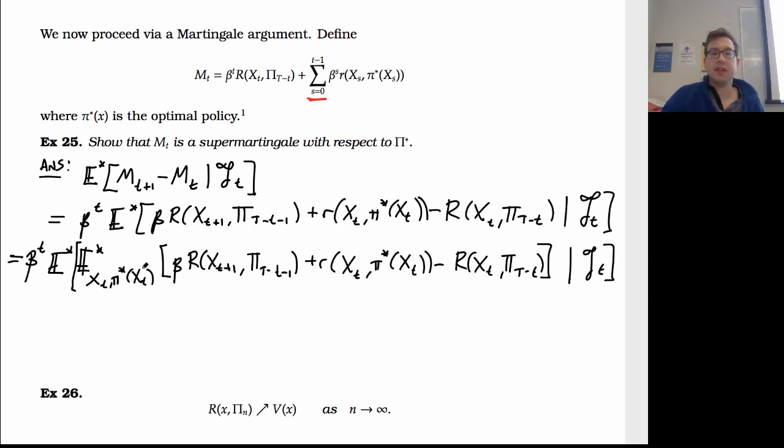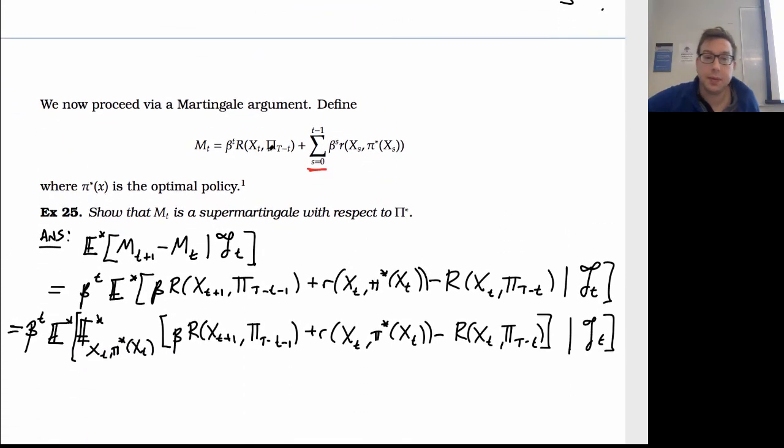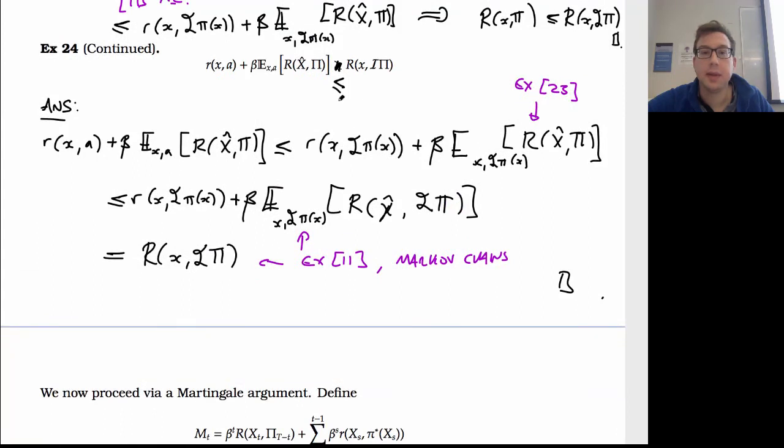So the only thing that's random as far as this expectation is concerned is this e of t plus 1 here. Okay? So notice that this part here is really what we were working with in this example over here, with this inequality.